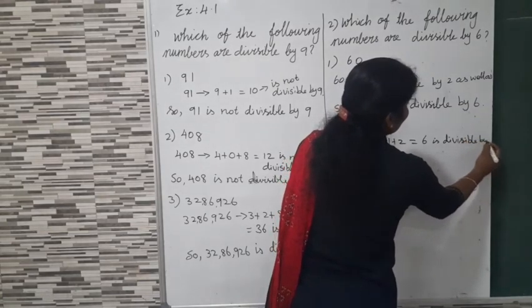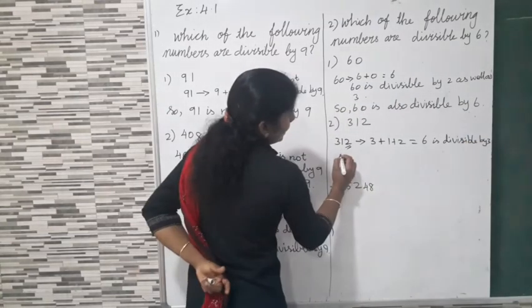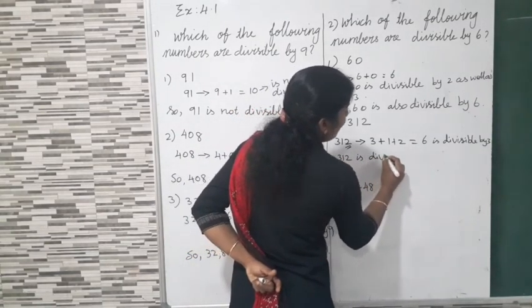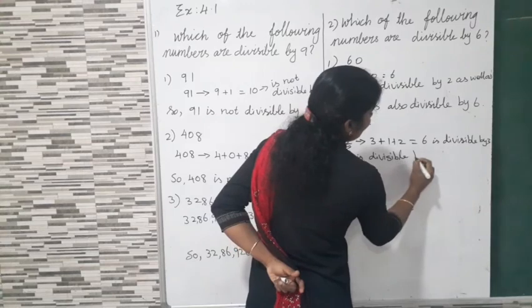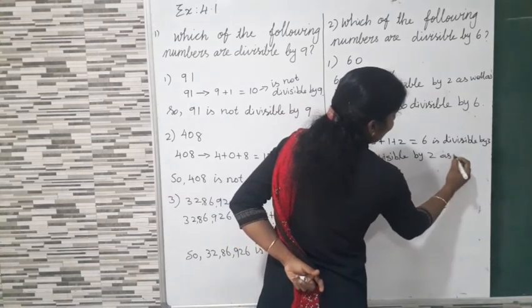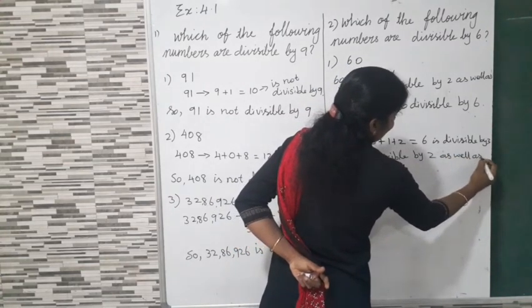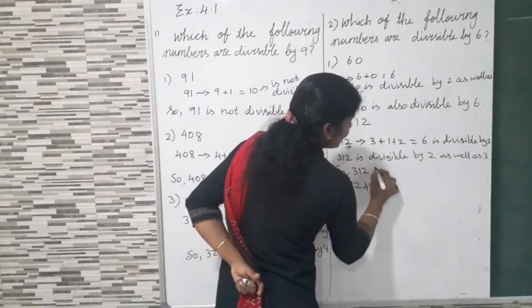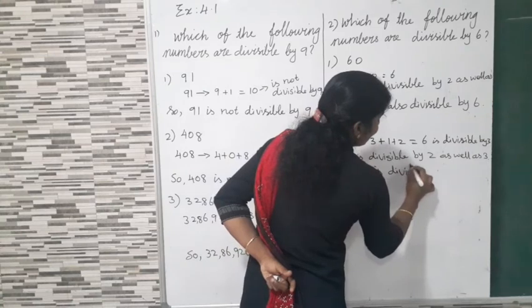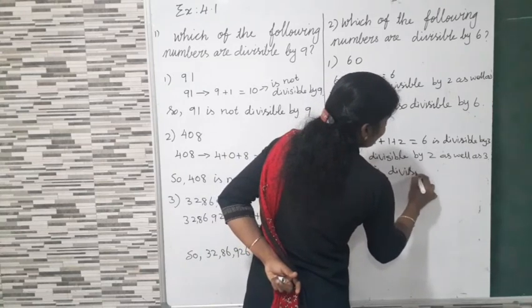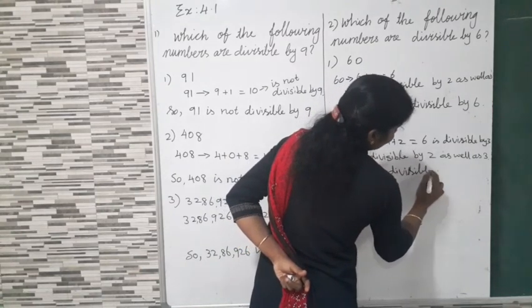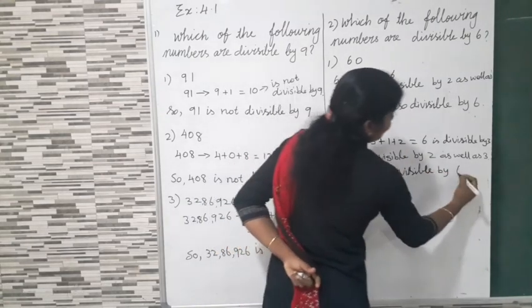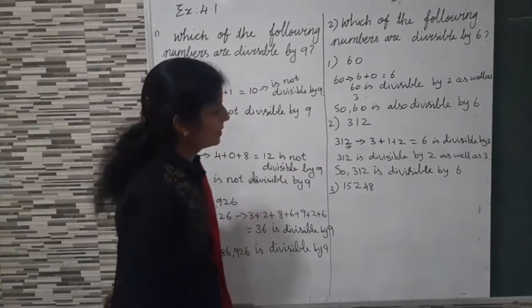So we can say 312 is divisible by 2 as well as 3. So 312 is divisible by what? 6, isn't it? Divisible by 6.